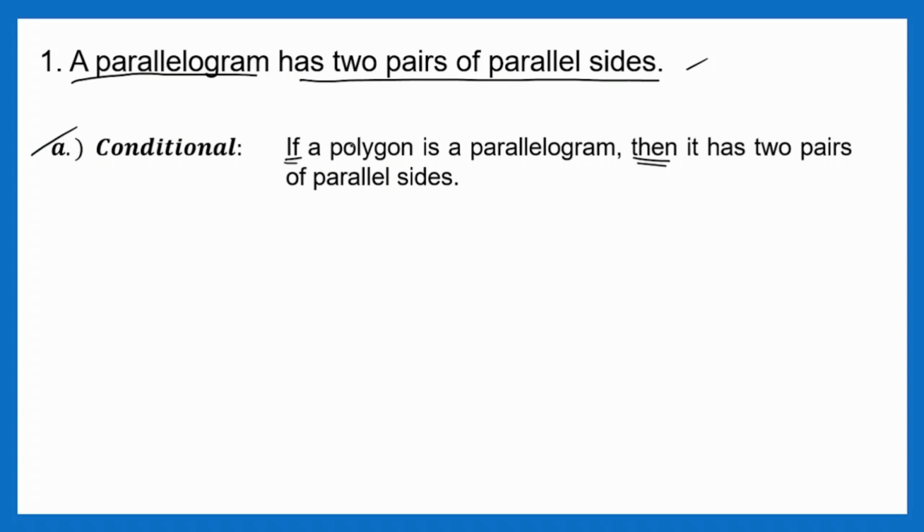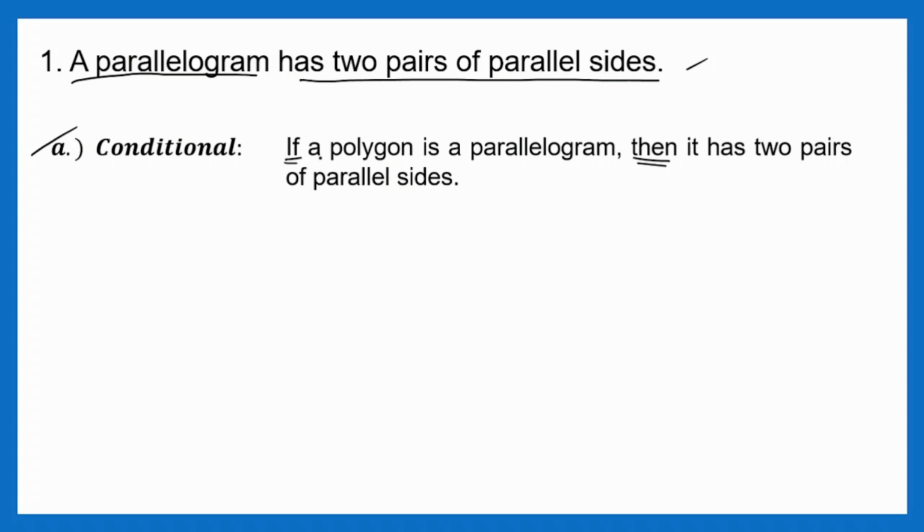Pwede rin figure, kasi figure din naman talaga yung parallelogram. If a figure is a parallelogram, tama yon. Pwede rin shape, kasi shape ang naituro sa inyo ng elementary. If a shape is a parallelogram, acceptable pa din yan.